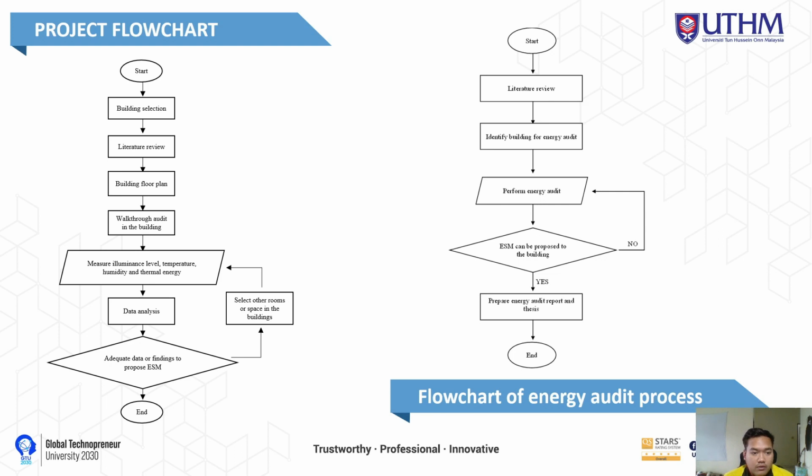After that, we go to the walkthrough audit in the building, taking readings of the building's temperature, humidity, and thermal energy output of the appliances during the walkthrough audit. Then we use the numbers that have been obtained from the analysis with MS 1525:2014 as a yardstick to measure the average luminance level that we propose.